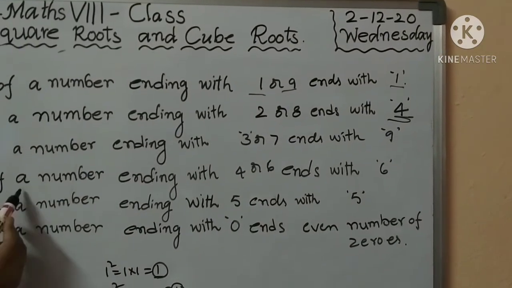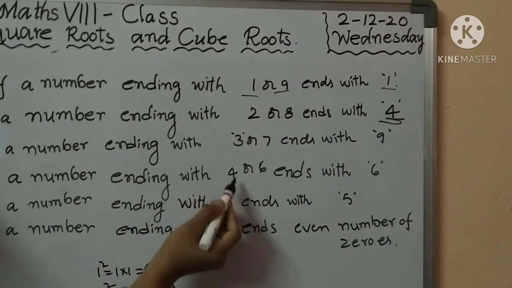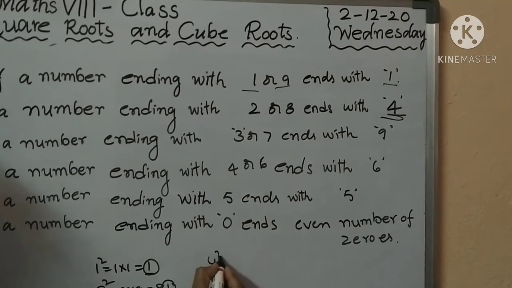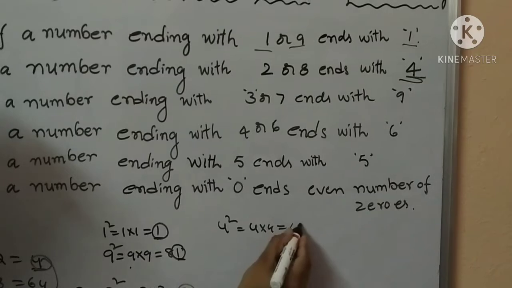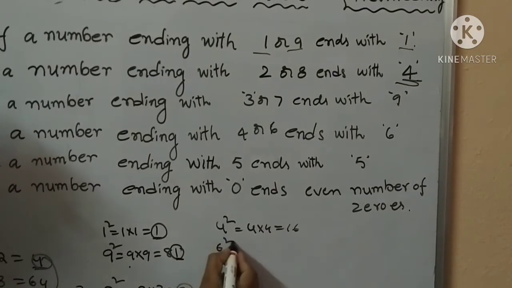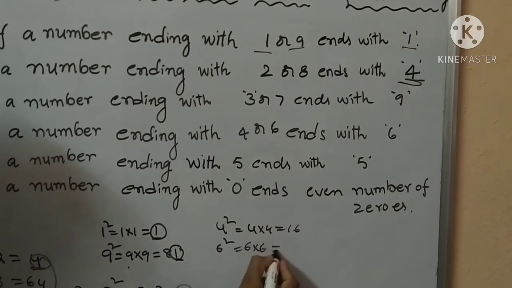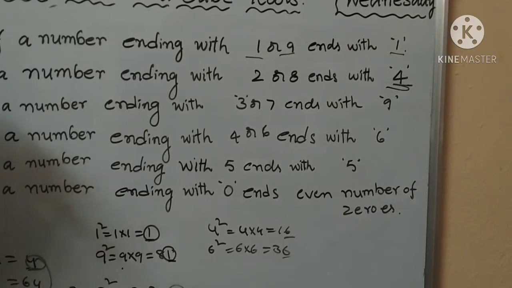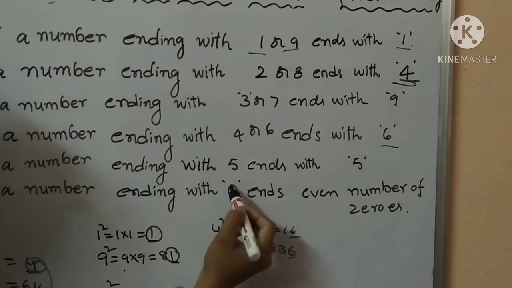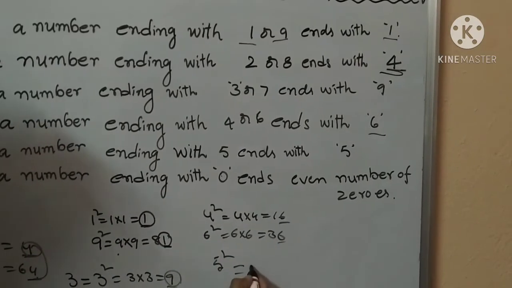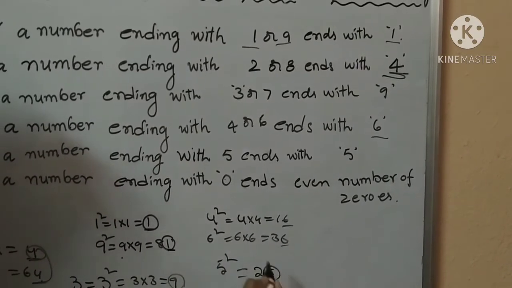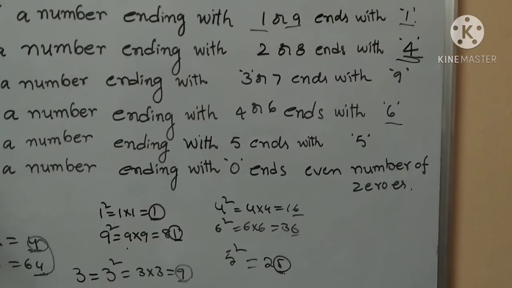Next, a square of a number ending with 4 or 6. 4 square, 4 4s are 16, and 6 square, 6 6s are 36, ends with 6. Yes. Next 5. 5 square means 25. So the ones place is 5. Yes or no?